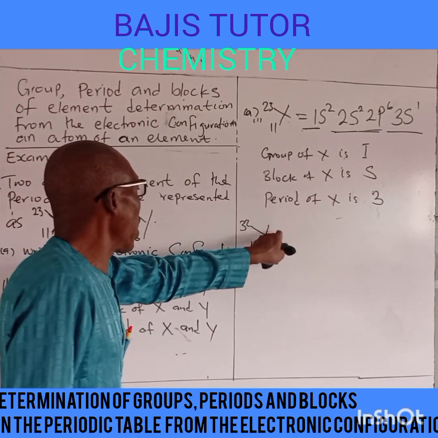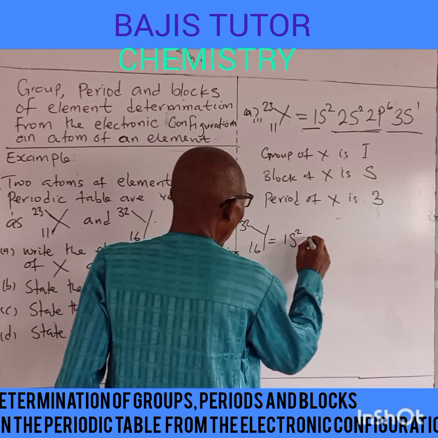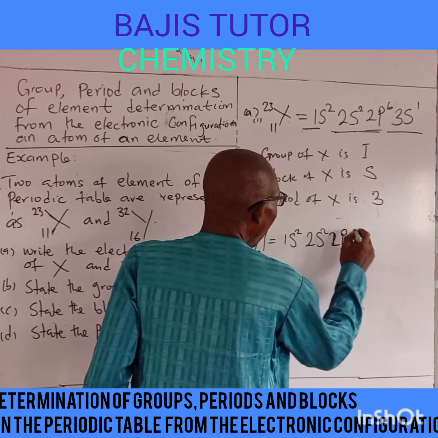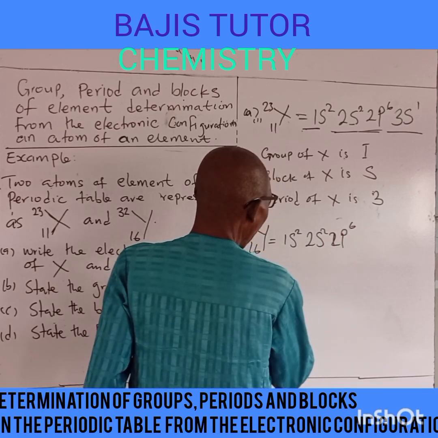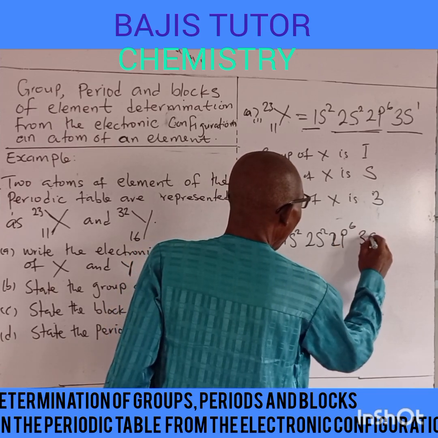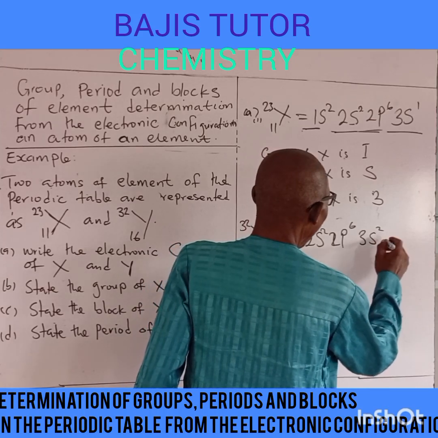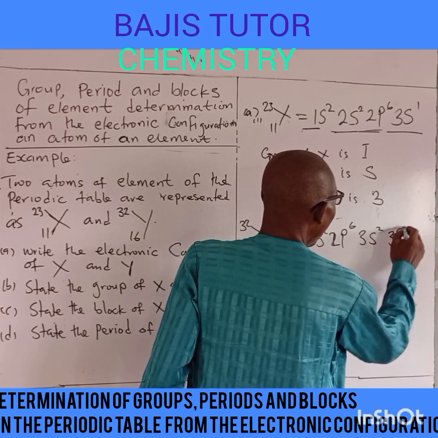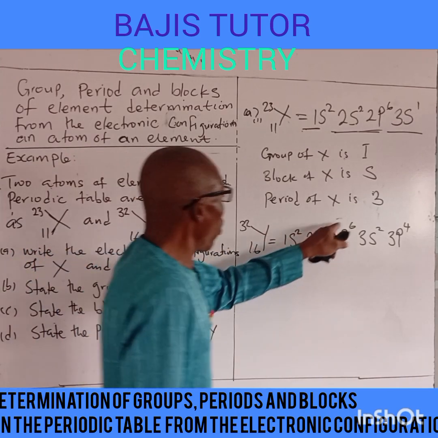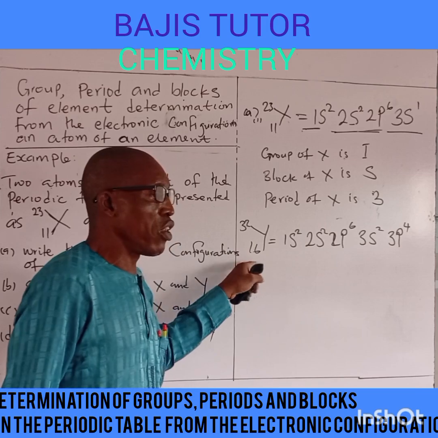So we have 1s2, 2s2, 2p6, that's 10 electrons, then 3s2, we are left with 4, and 3p4. 2 plus 2 plus 6 plus 2 plus 4 gives me 16, the atomic number, which is the number of electrons in a neutral atom.